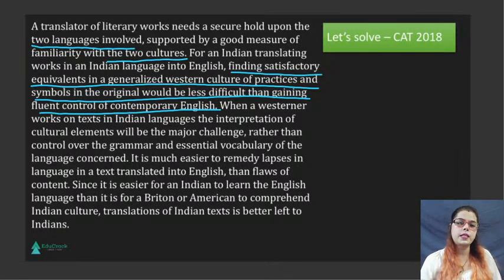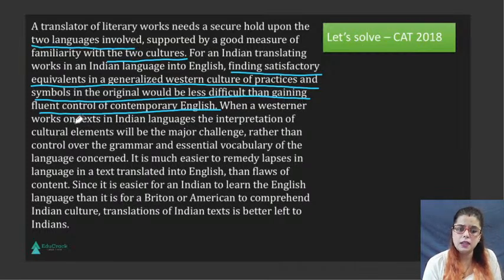What is generalized Western culture? Where we have some idea, we have generalized it from here or there, but I'm not very sure about it. So it will be less difficult for him to do that than gaining fluent control of contemporary English. What do we mean by fluent? Fluent means the ability to flow clearly, right? So fluent control is a good grasp of contemporary English.